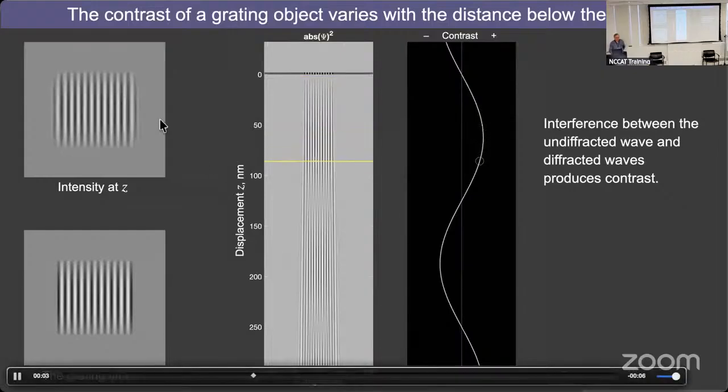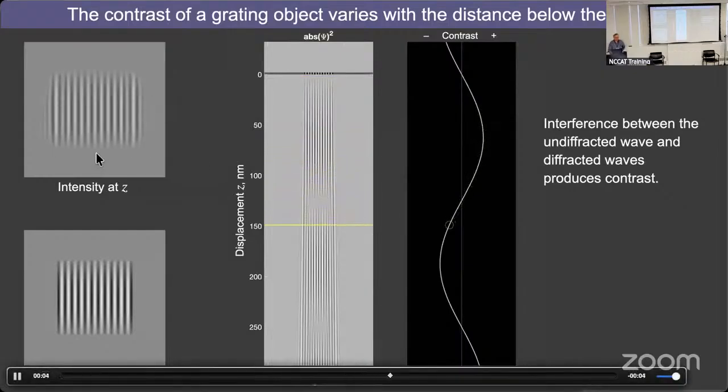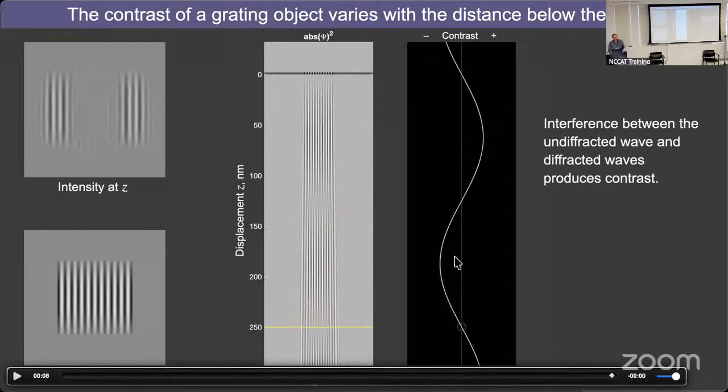So you can see up here is the contrast disappearing and reappearing, and actually the amount of contrast follows this sinusoidal function. So there's no contrast there, and that's because right there at the specimen we have 1 plus this imaginary part, and it turns out that the imaginary part doesn't really do anything to the magnitude or the intensity.